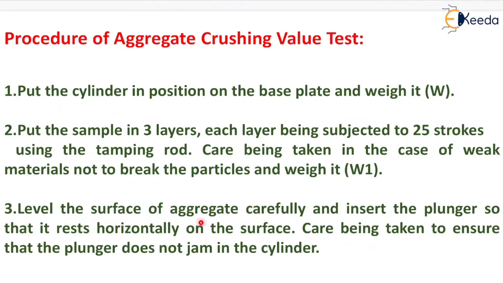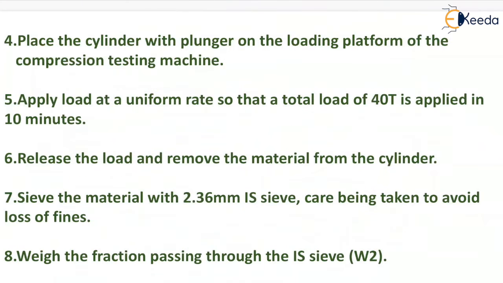Level the surface of aggregate carefully and insert the plunger so that it rests horizontally on the surface. Care is taken to ensure that the plunger does not jam in the cylinder. Place the cylinder with plunger on the loading platform of the compression testing machine. Apply load at a uniform rate so that a total load of 40 ton is applied in 10 minutes.